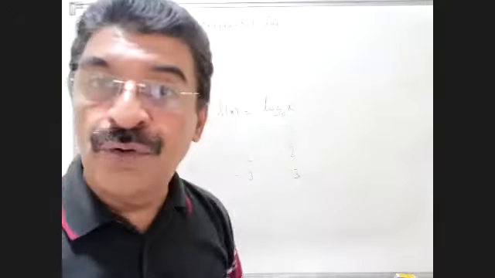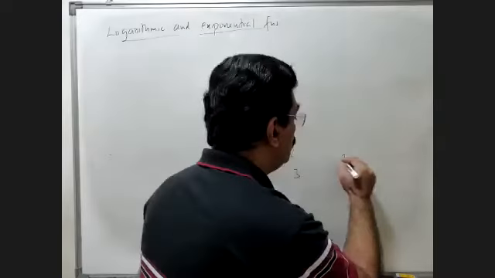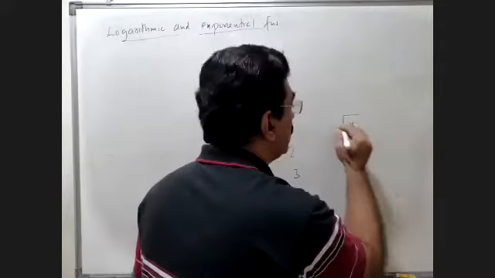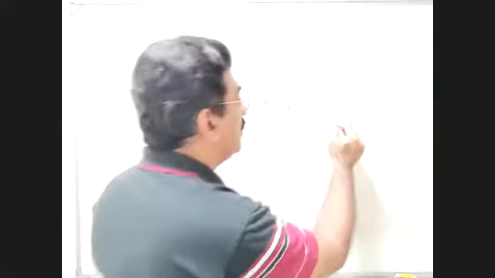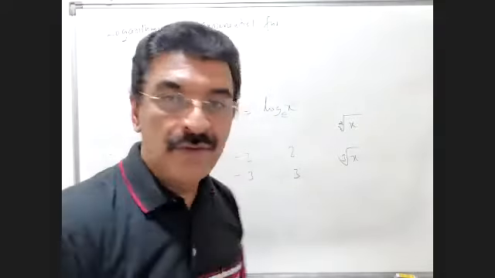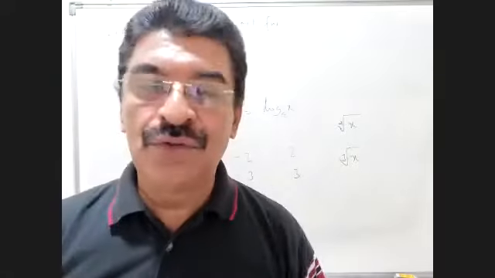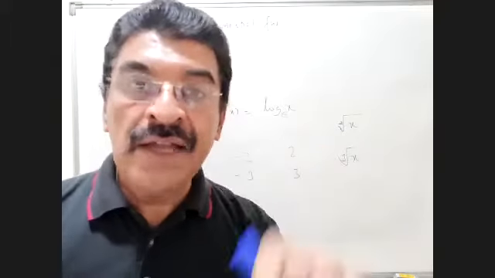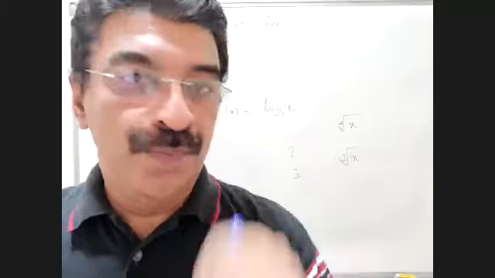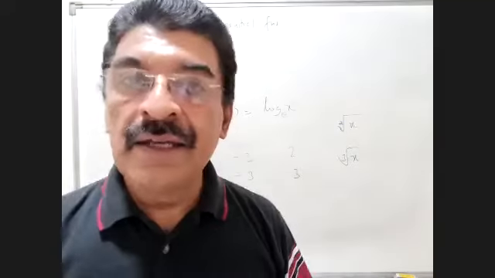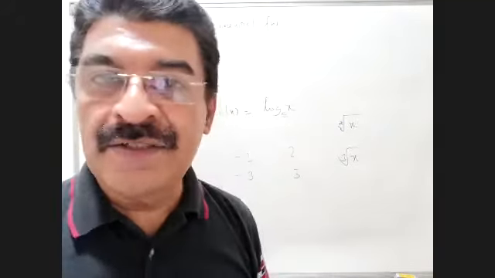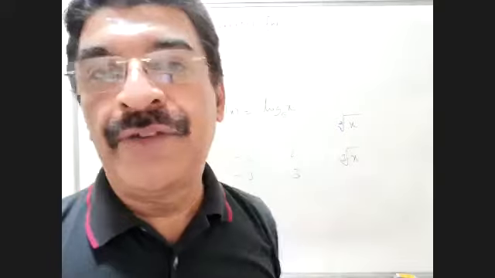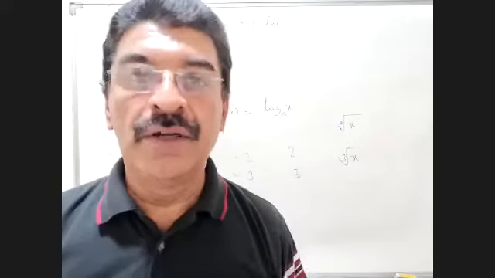Similarly for roots: if it is a cube root, we write cube root of x, whereas for square root of x there is actually a 2 in the radical sign, but generally we don't write it. It is understood the index is 2. With positive numbers we don't put the plus sign, and so it is for the logarithmic function.